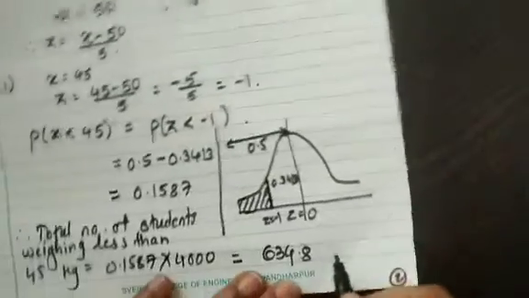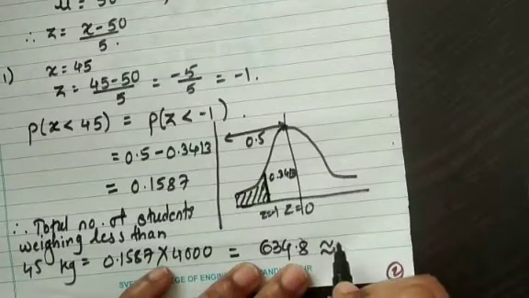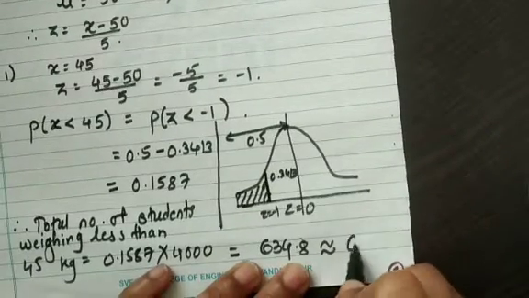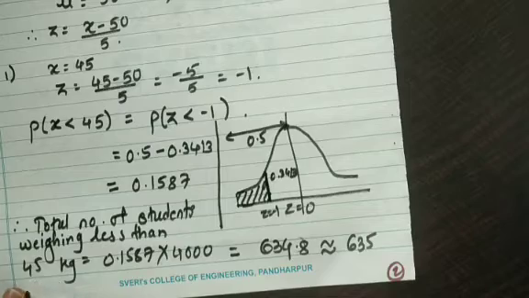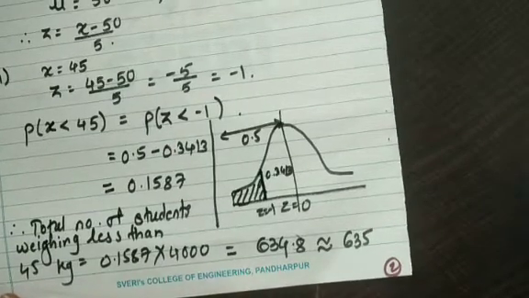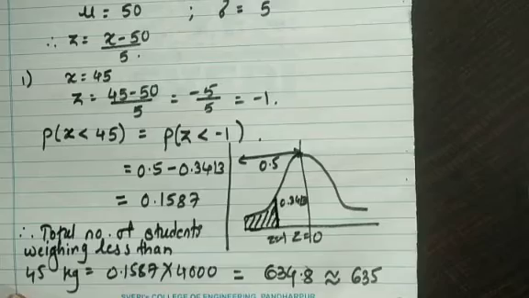As they are students, we have to round it up to 635 students. So out of 4000 students, those who weigh less than 45 kg are 635. Okay, this is your first question.